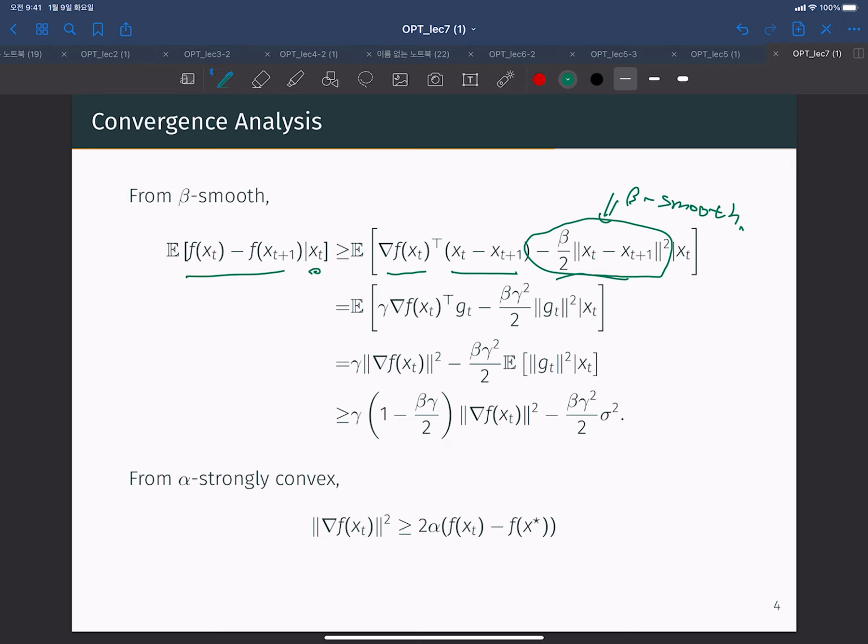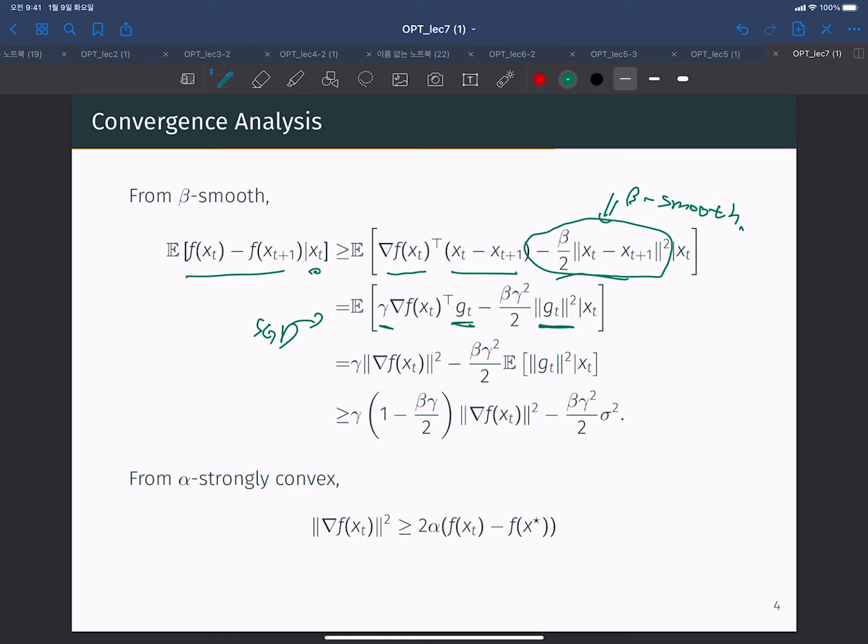And this is equal to the expectation of gamma times gradient of f(x_t) transpose g_t, which comes from the definition of SGD, minus beta times gamma square over 2 times g_t normed square. This also comes from the definition of g_t, the stochastic gradient descent.